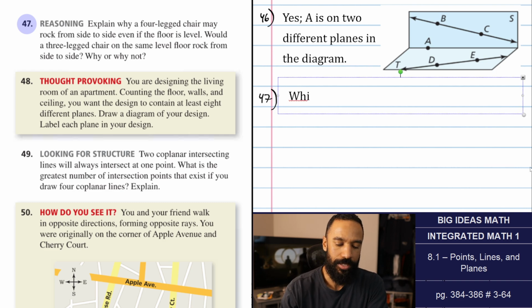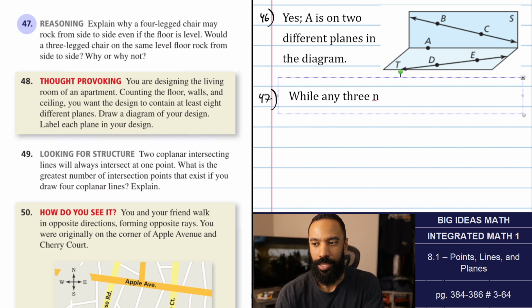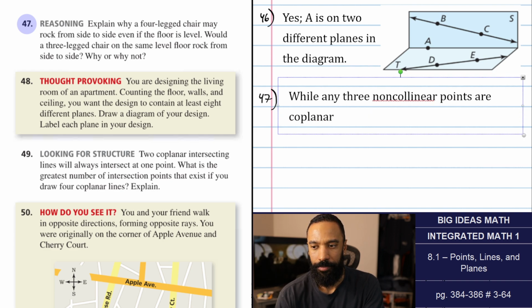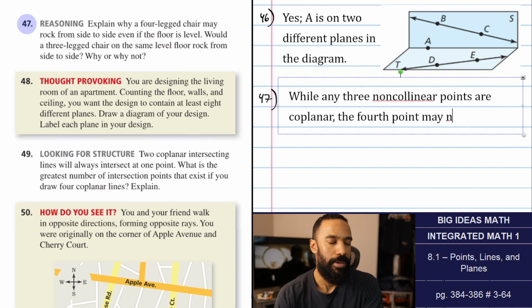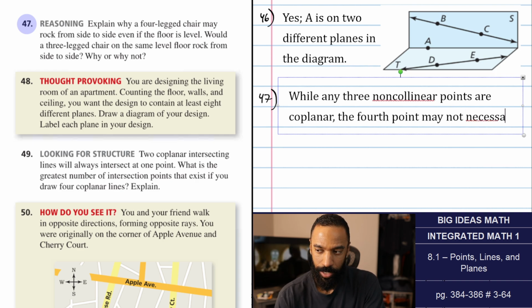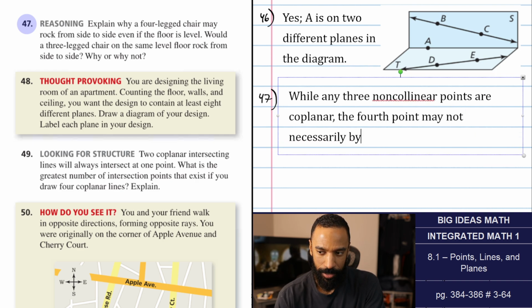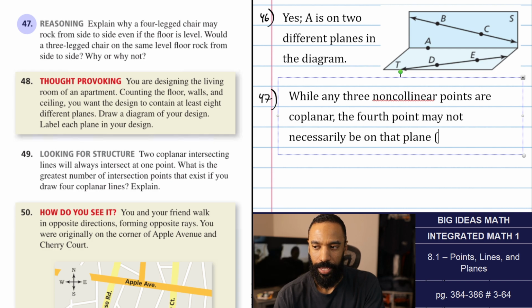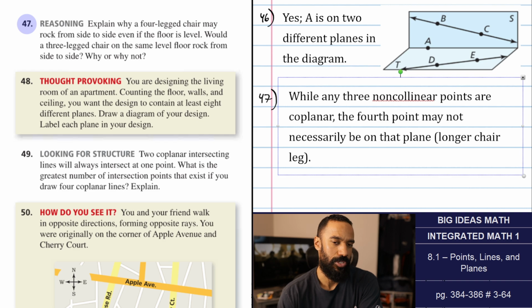Any three non-collinear points, and they are non-collinear for a chair, are coplanar, but the fourth point, the bottom of the leg, may not necessarily be on that plane. Like a longer chair leg, something like that. Okay, that makes a lot more sense.